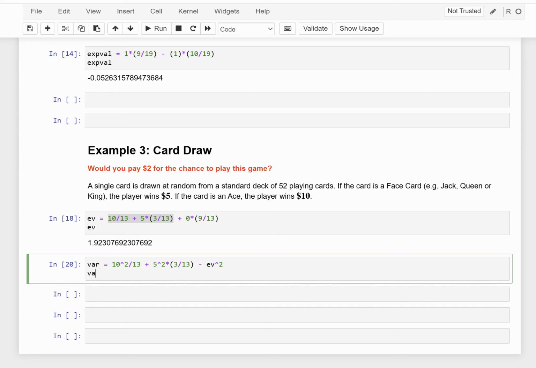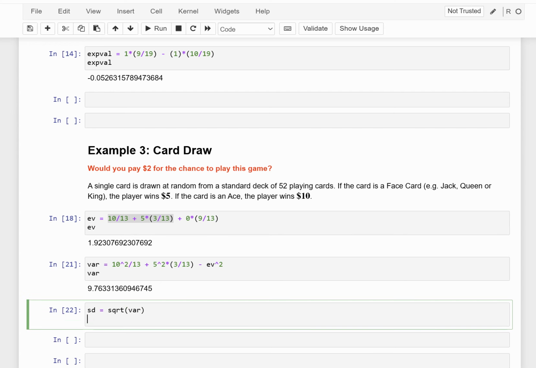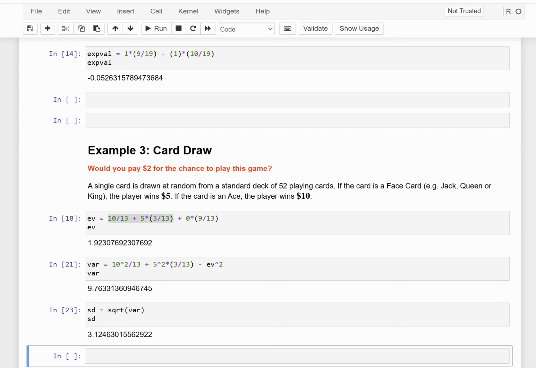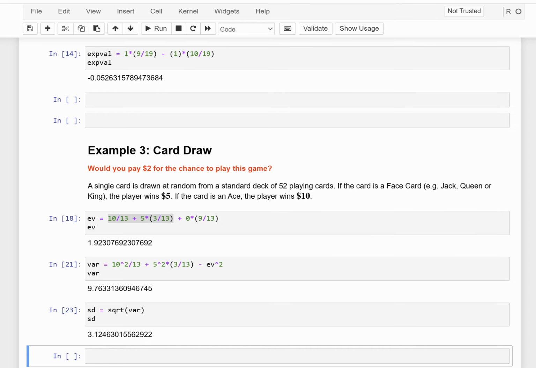And when I print out the variable and see what's in it, I'm getting 9.76. And when the standard deviation is equal to the square root of the variance, 3.1246. And I've made a little bit of an error, and I'm not quite sure where that occurred.